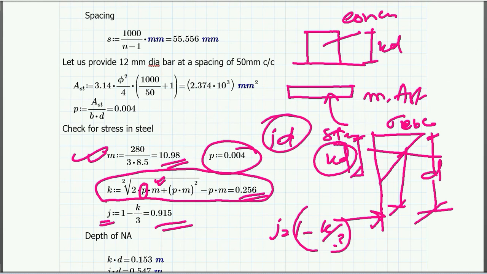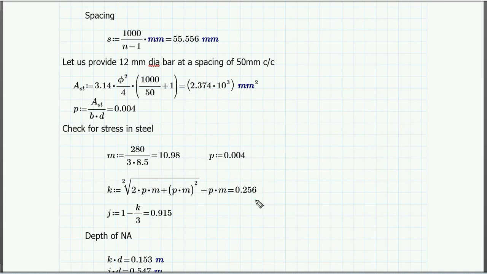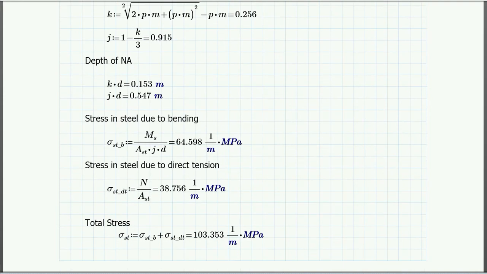So you can find out k as 0.256 and j as 0.915. Now you can find out the depth of the neutral axis, which is 0.153 meter, as well as the lever arm, which is 0.547 meter.